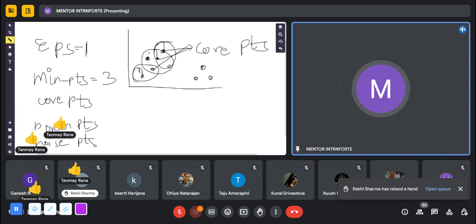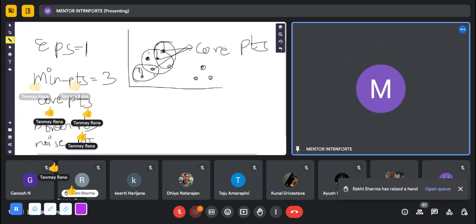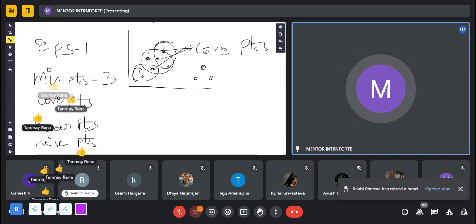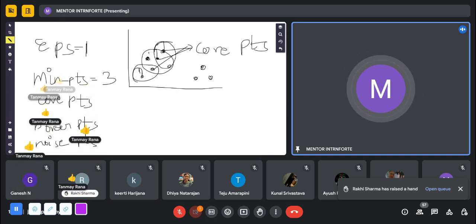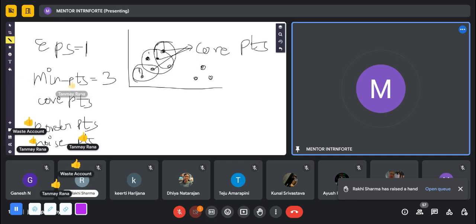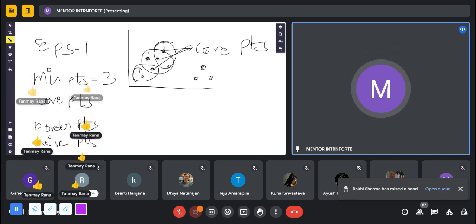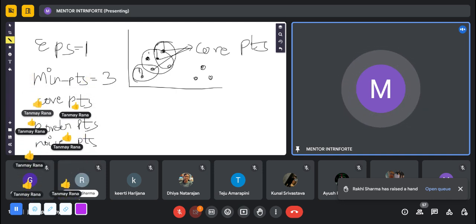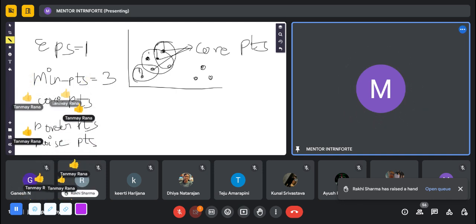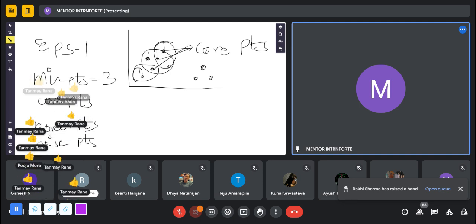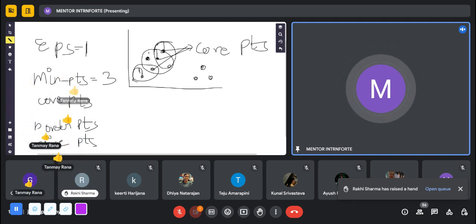Now see, within one epsilon, did it find the minimum number of points? Tell me, guys. No, right? It has only found 1 point. Including itself, it is 2 points totally. So the minimum number of points is not satisfied.